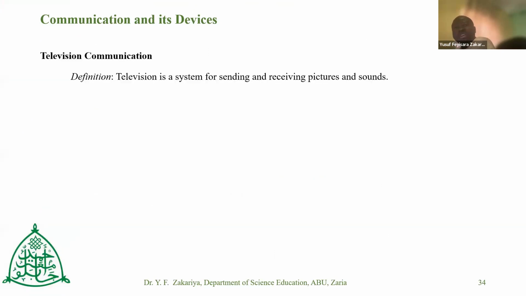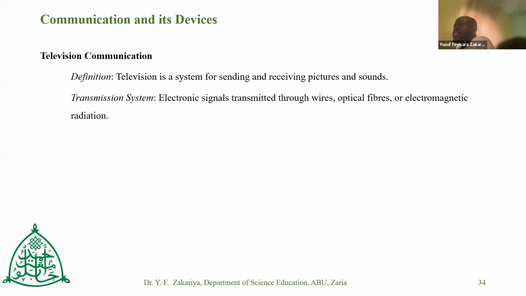And then still on the devices, the television communication, which you all have come across before. It is what you use in your houses for moving pictures and sound. It involves electronic signals transmitted through wires, optical fibers, or electromagnetic radiation. It depends on the type of TV we are using. In the olden days, we used to have the tube, but now it's going to LCD, the liquid crystal display, where everything is just flat.